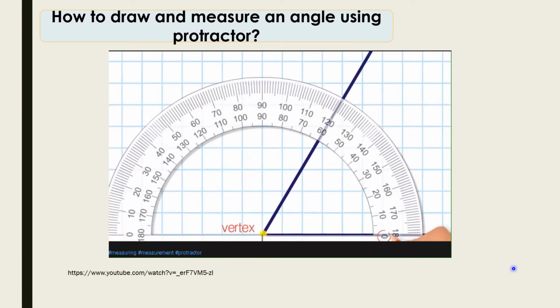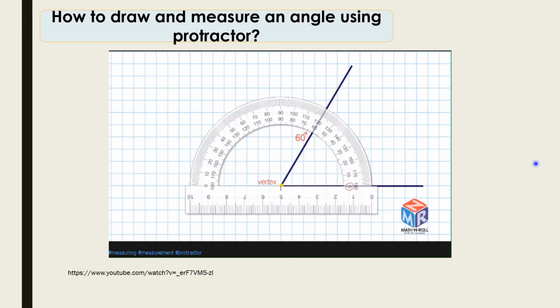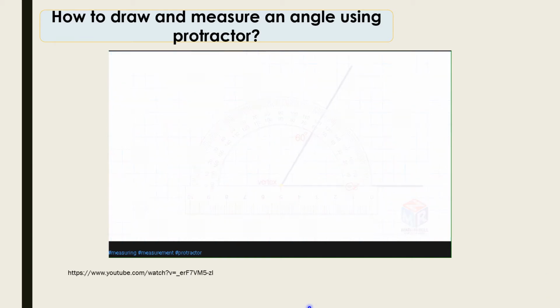Count up from 0 until the other ray intersects. This is the measurement of your angle. This angle has a measurement of 60 degrees. Keep in mind, always count up starting from 0. If you started from 180 degrees, you would get the wrong answer of 120 degrees.